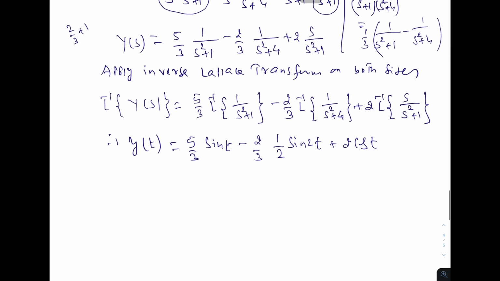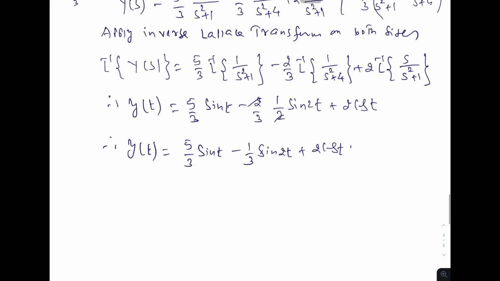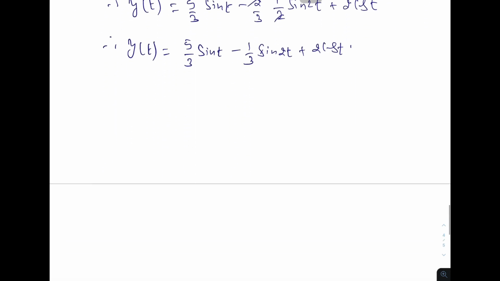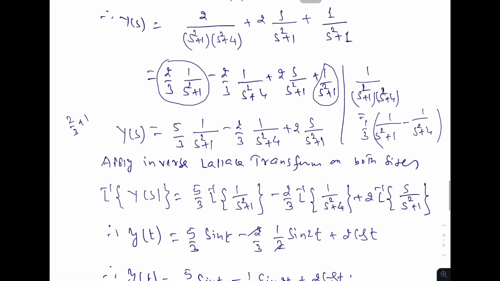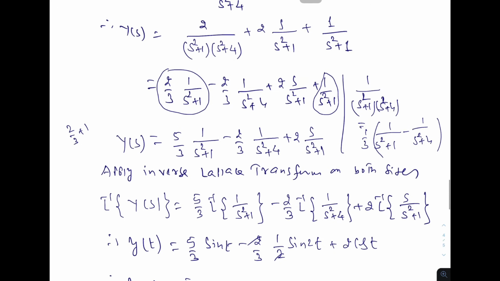Okay, so the answer is y of t equal to 5 by 3 sin t minus 1 by 3 sin 2t plus 2 cosine t. Okay, so that is one example on that. Okay, we stop here. Next we shall take 2-3 more examples and we finish the chapter.